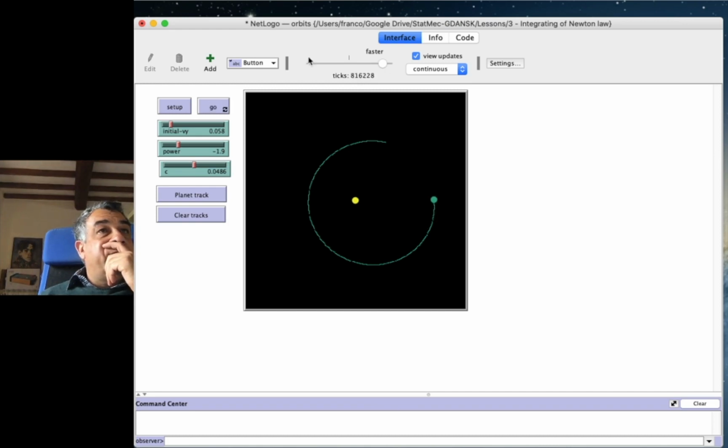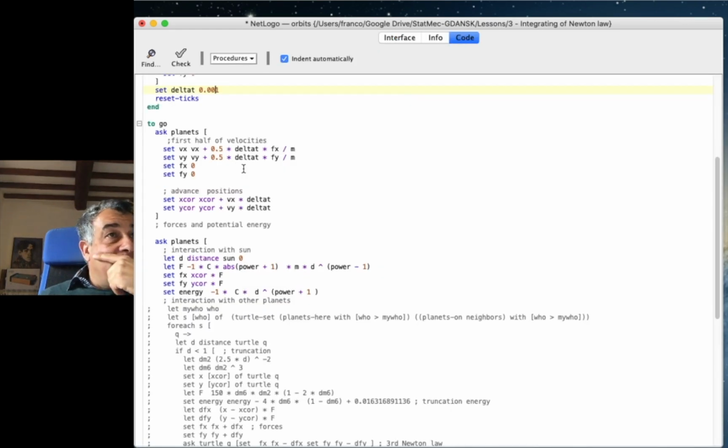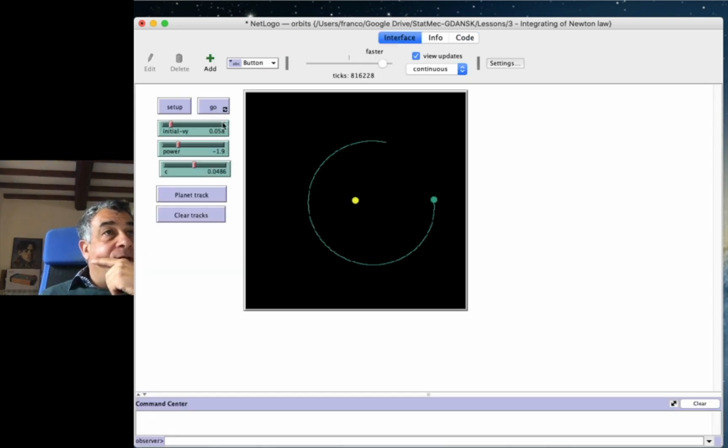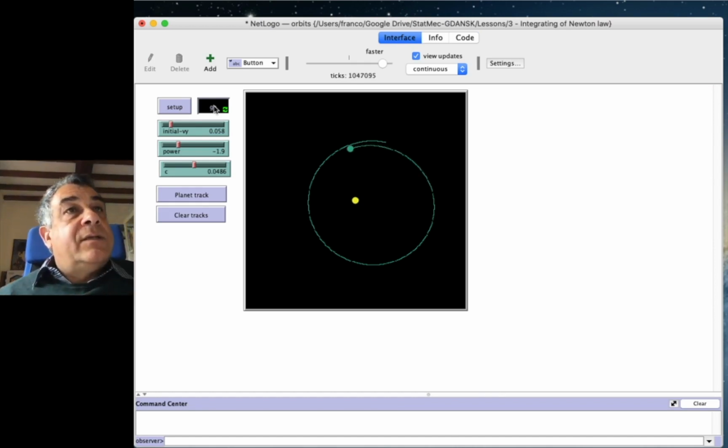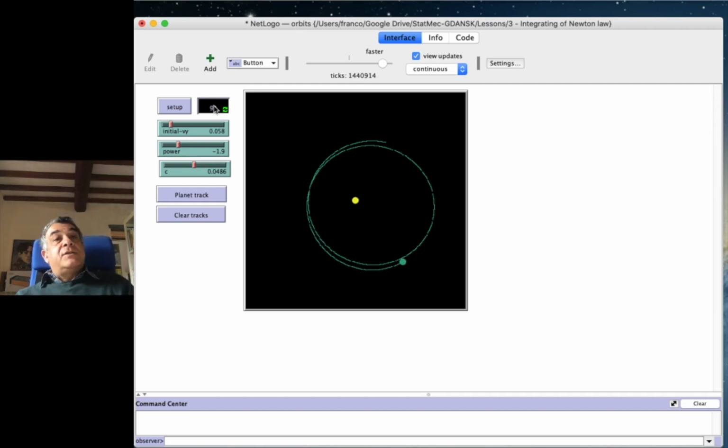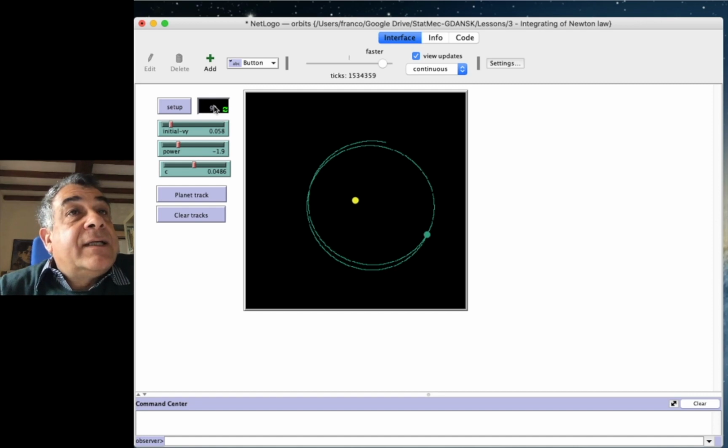Probably I have to go back and increase a bit the time step in order to have a much faster algorithm. And you can see again that the planet now is not following a closed trajectory, but rather a kind of rosette.